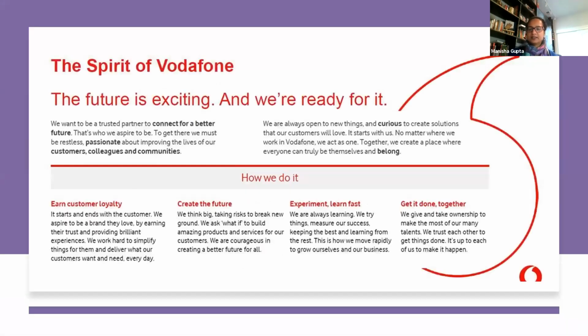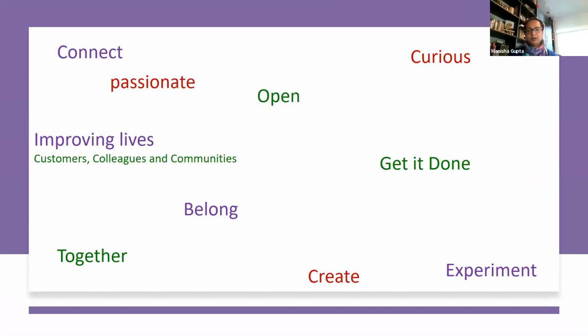Okay, so this is the slide I got about Vodafone, the culture in which you are trying to move. And it's very nicely worded, first of all. Whoever did it and whichever team did it, it seems very thought through. I picked up a few words that popped out to me as I was reading, especially what seems important to this team.